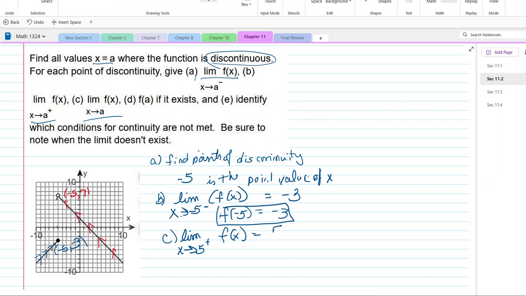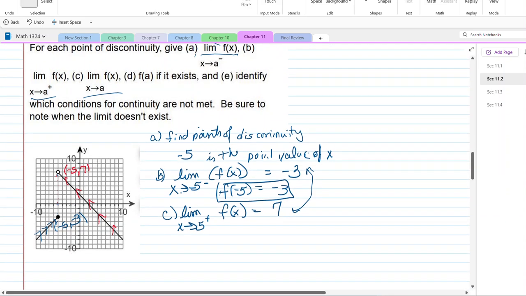Seven. All right. So you can see between these two, we don't have a removable point, but we have a gap.